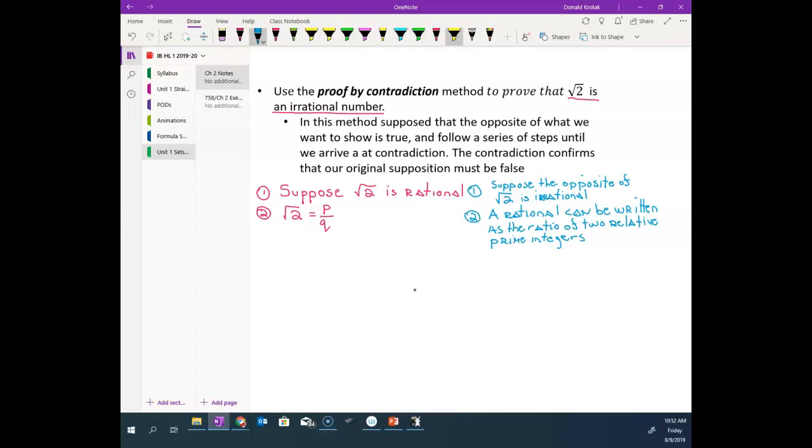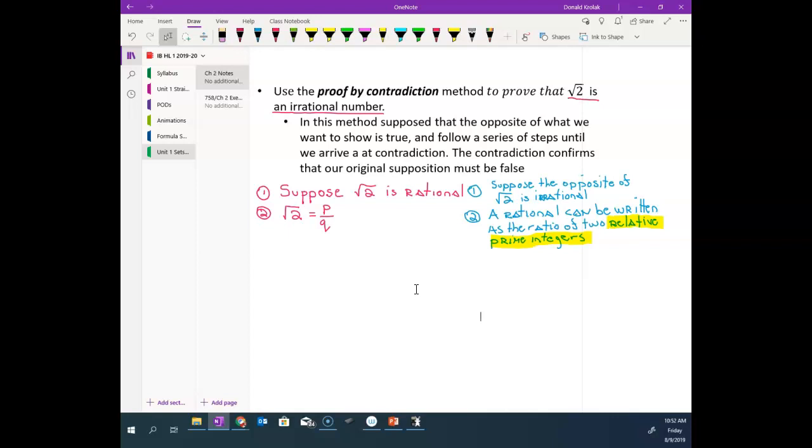Now here's the thing: when a pair of numbers are relatively prime, that means they don't share any common factors. So that's what relatively prime means. The only number that you could divide into both P and Q would be 1.